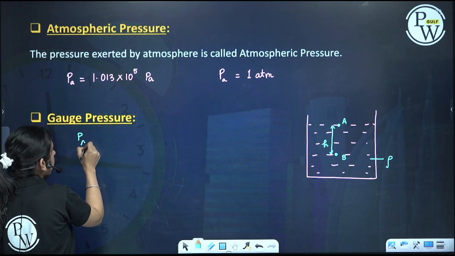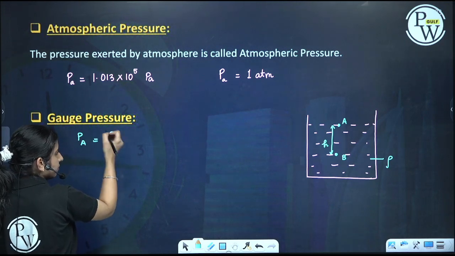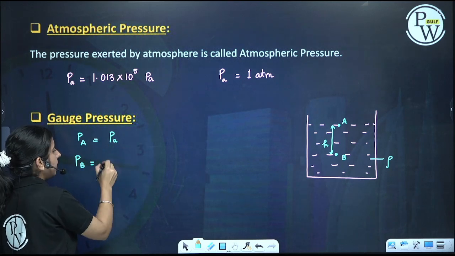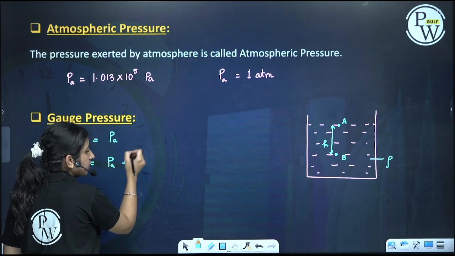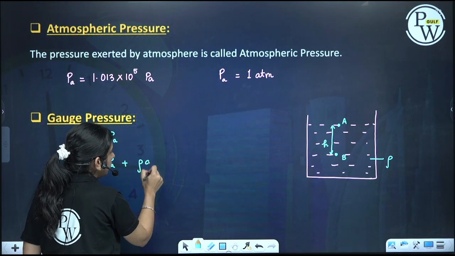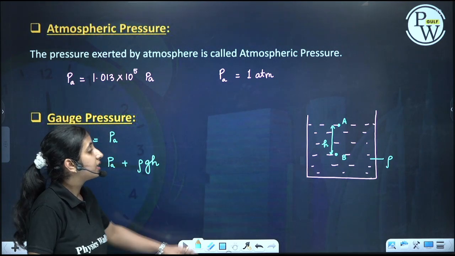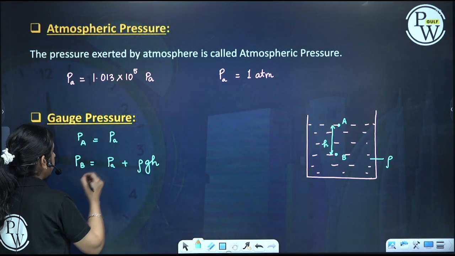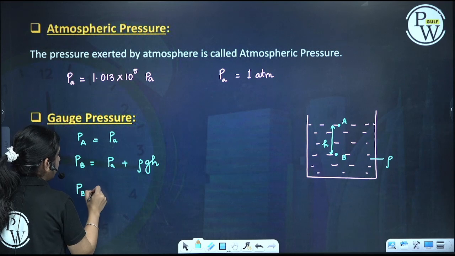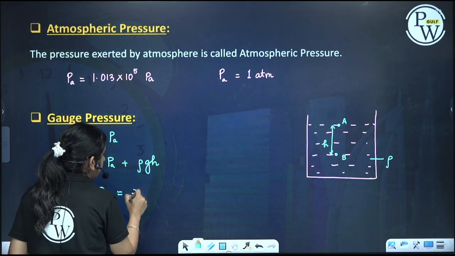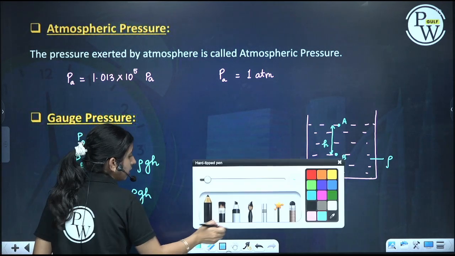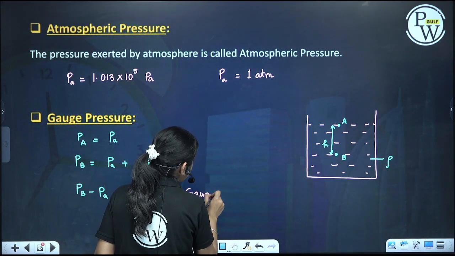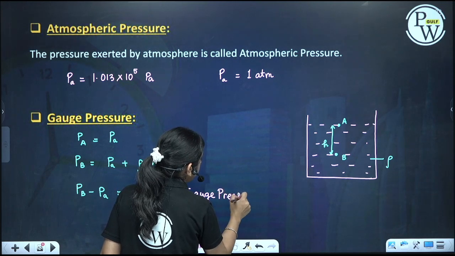Pressure at B will be equal to pressure at A, that is atmospheric pressure, plus the pressure due to the liquid column. PB minus P atmospheric is rho GH. This pressure is called gauge pressure.